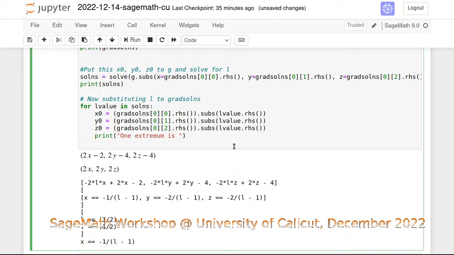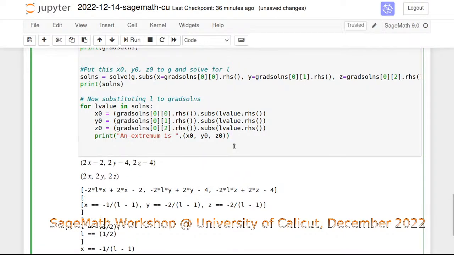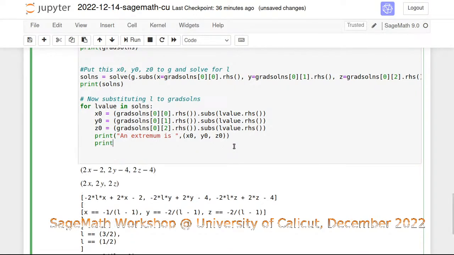One extremum is, let us try to see what exactly these values are. And the other extremum is this. Now we are looping through both of these, and we try to evaluate the value of f at this extremum.